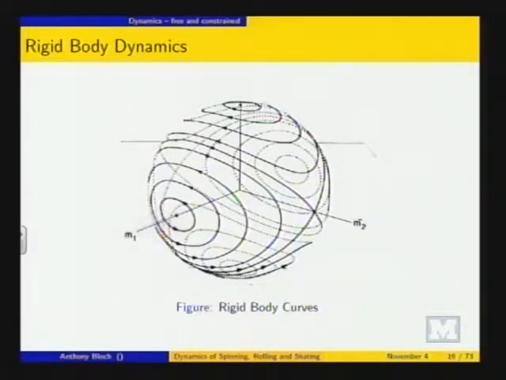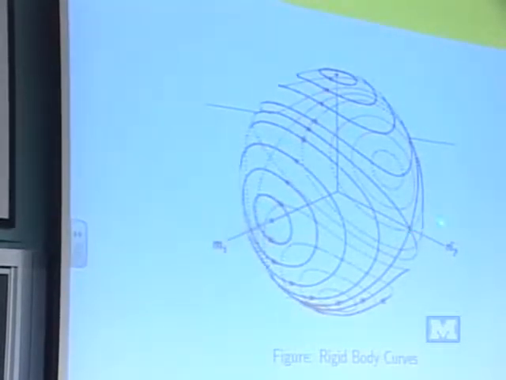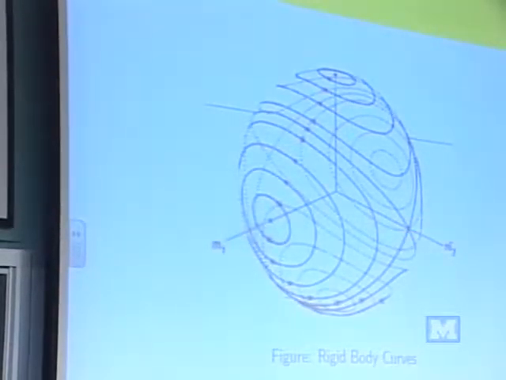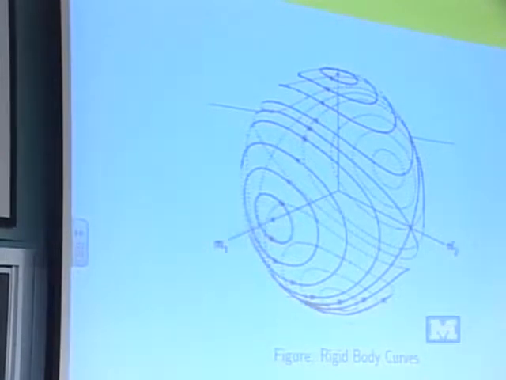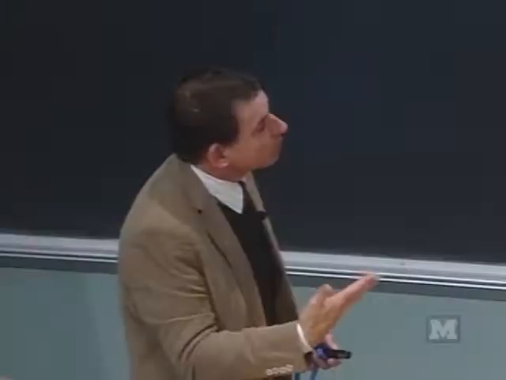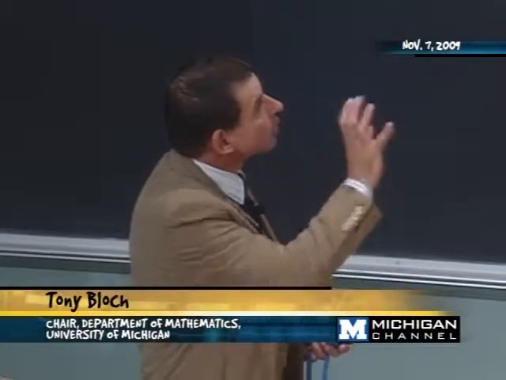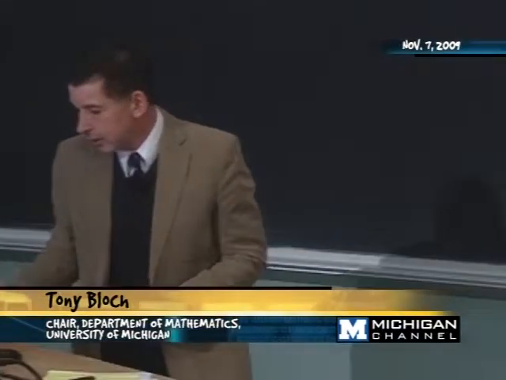If I perturb the body a little bit away from that, it moves in a little circle nearby. This represents the unstable direction. If I perturb it a little bit from, say, middle axis rotation, it moves away rather rapidly. So this tells you how the rigid body moves away from that middle axis rotation. This is a beautiful picture of the rigid body curves of motion on the so-called momentum sphere.